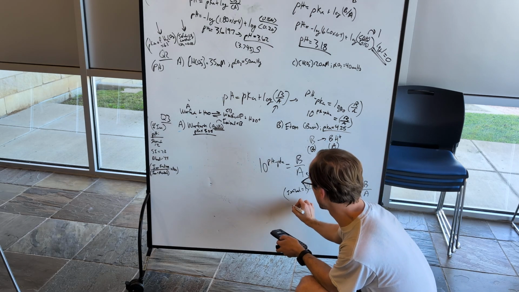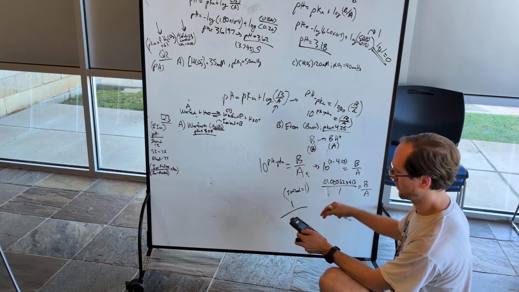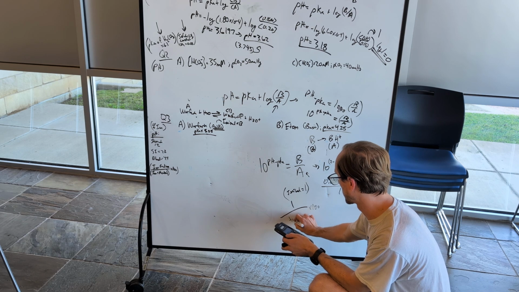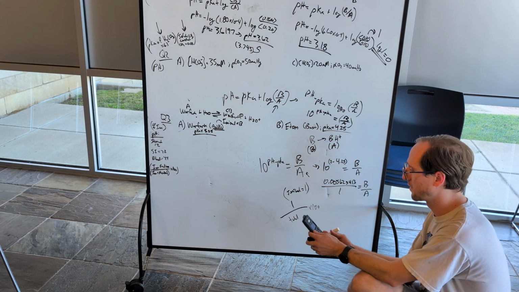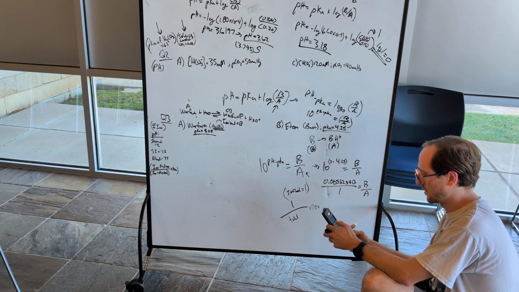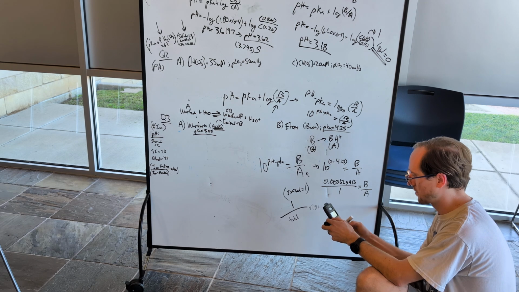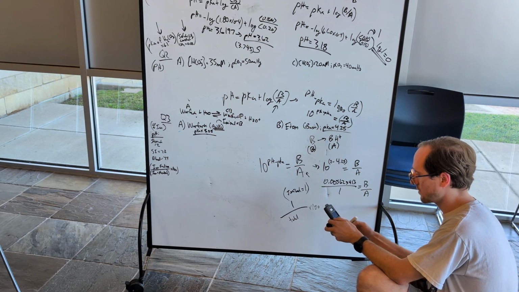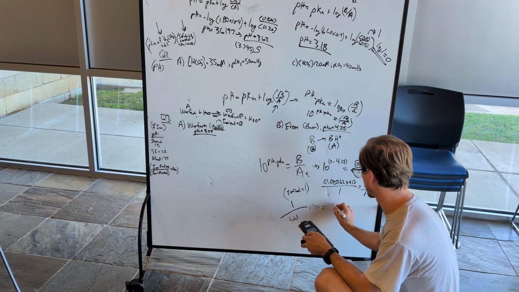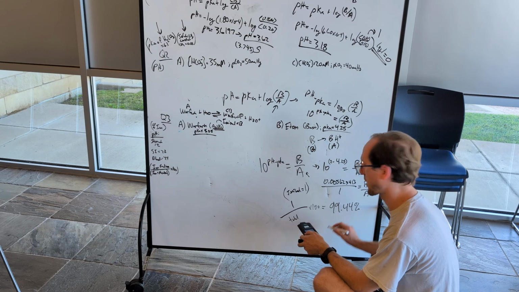So when we're doing our equation, we have 1 over this plus this, times 100, obviously. 1 over total. So we have 1 divided by this plus 1, times 100, which gives us a percentage of 99.44% ionized.